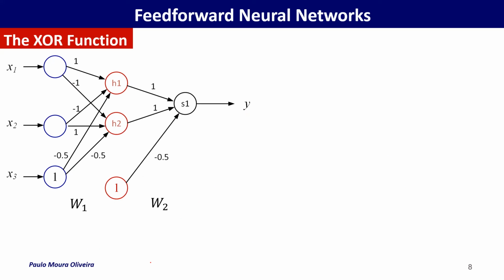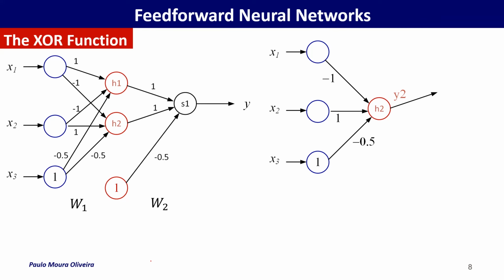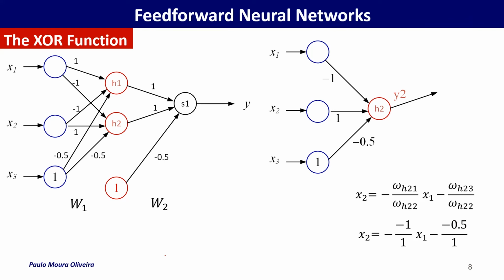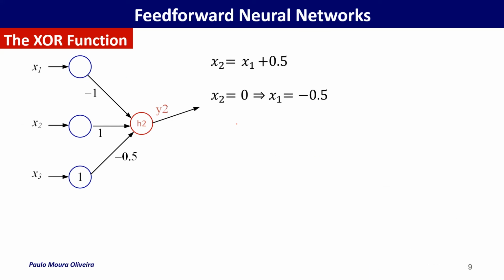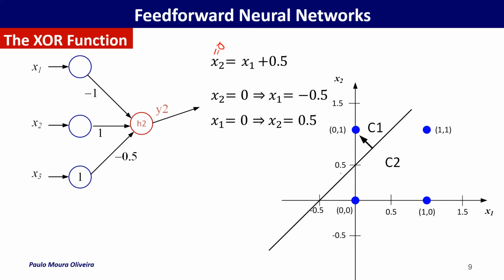So we can do the same thing for the hidden neuron 2 and evaluate the expression for the second line, which is this one here. Okay, x2 equals x1 plus 0.5. If we do the same, and if we put here 0, the first point is minus 0.5, the second point is x2 equals 0.5, so these are the points, and this is the discriminative line, and so the classes are this one and this one.